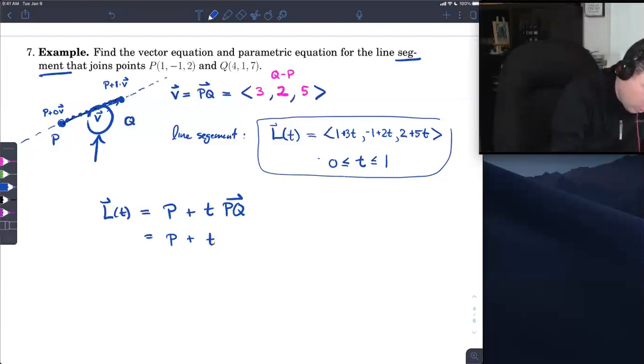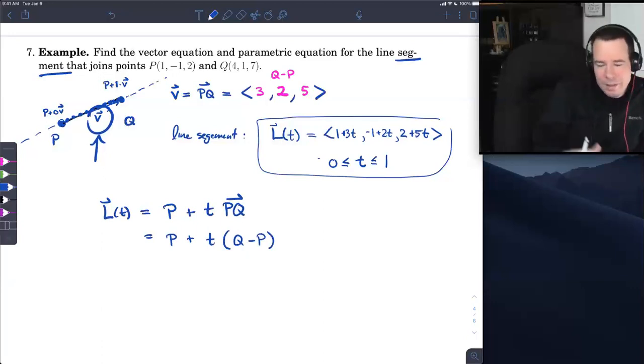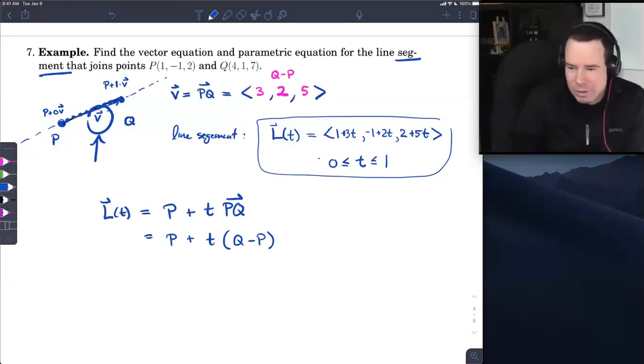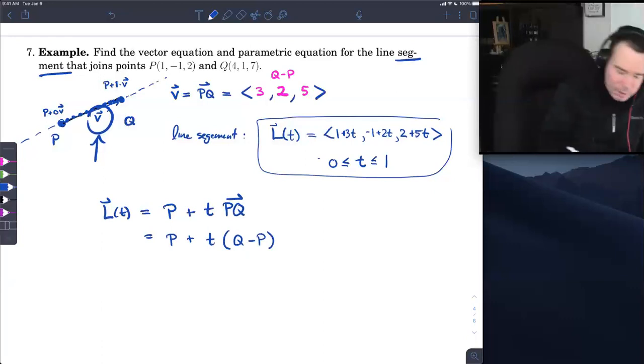So how do we get the vector PQ? We get it by taking Q minus P. Again, these are points, and I should really be using vectors here if we're going to do addition of them. But the idea is that I'm starting at my point P, and then I'm adding a multiple of this to it.